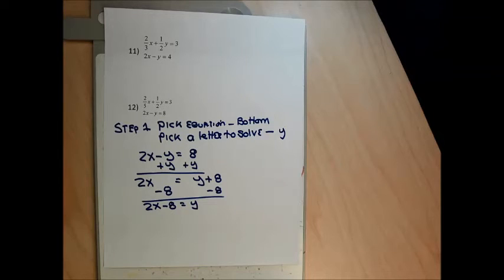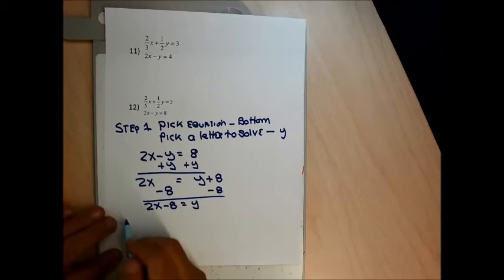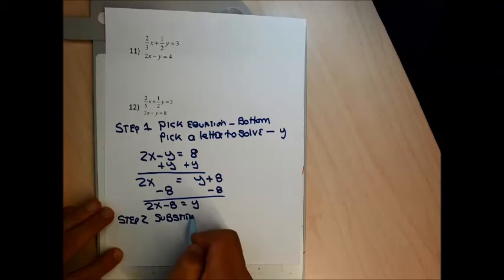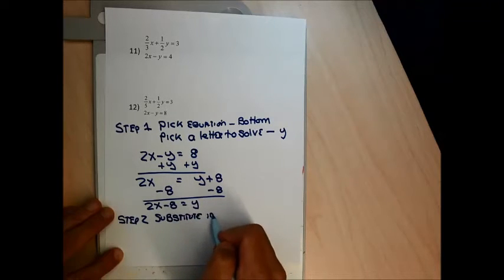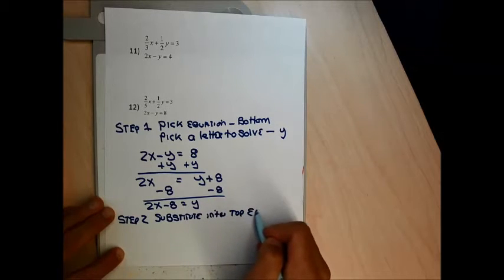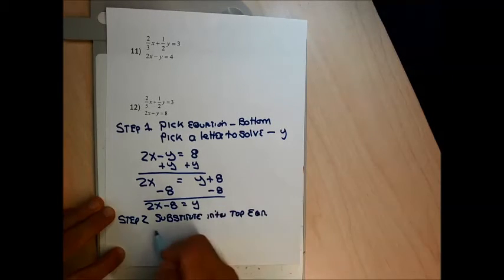Now, it depends if you want to fight fractions or not. You can go straight into your step 2. I'm going to substitute into the top equation and solve for x.